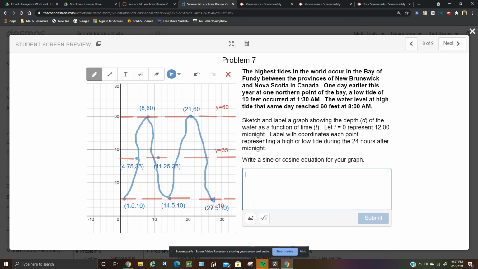So let's do radian mode here. So y equals negative 25 cosine of 2 pi over 13 times x minus 1.5, plus 35.